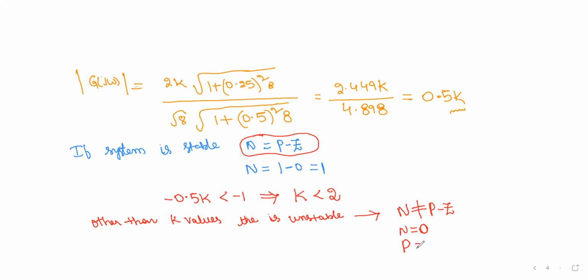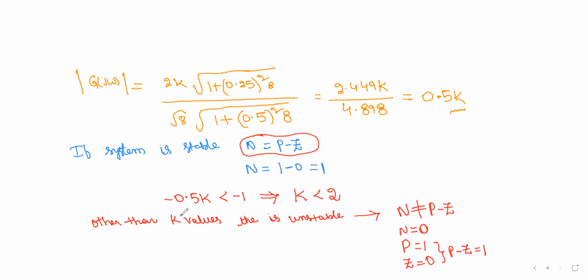So the P value is 1 and Z equal to 0, since no zero lies on the right hand side. So here N equal to P minus Z. So P minus Z value is 1.